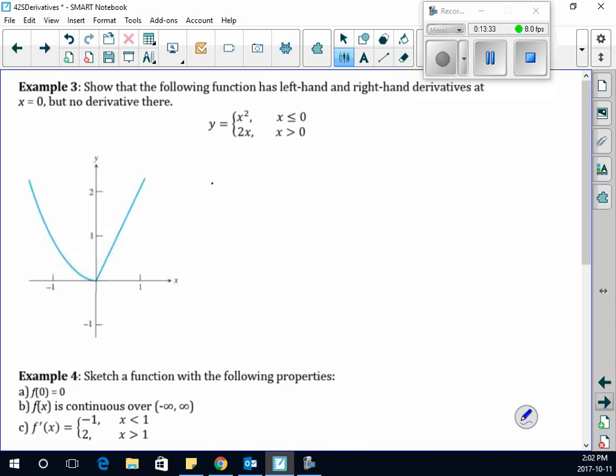So the limit as x goes to 0 from the right, which function would I use? 2x. So now if I plug in 0 into that, what do I get? I get 0.